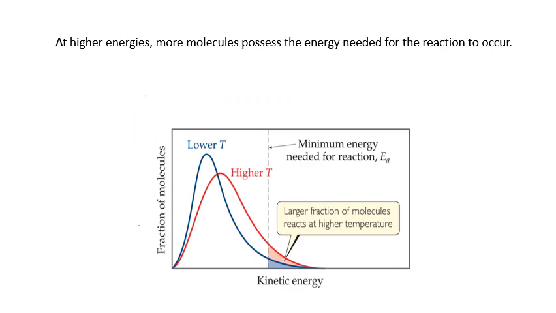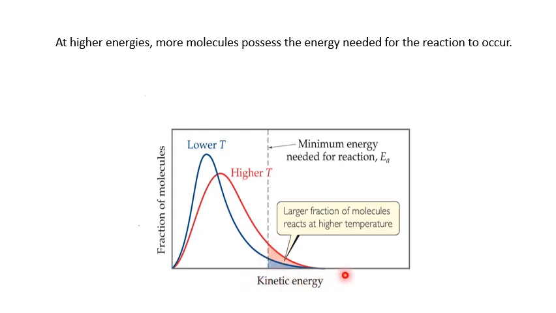Now let us see what happens when the temperature is increased. When the temperature is increased, the kinetic energy of the particles increases, and the molecules speed up and collide more frequently with more energetic collisions, right? Now only those particles represented by the area to the right of the activation energy mark will react.